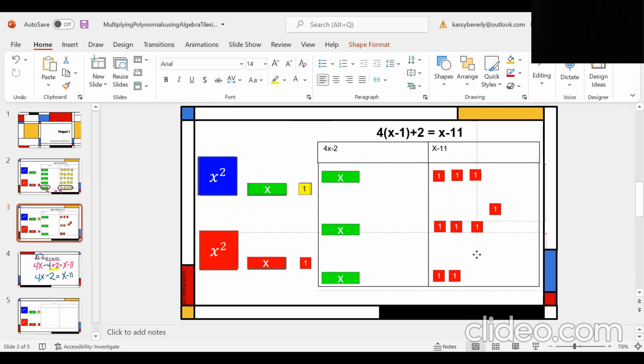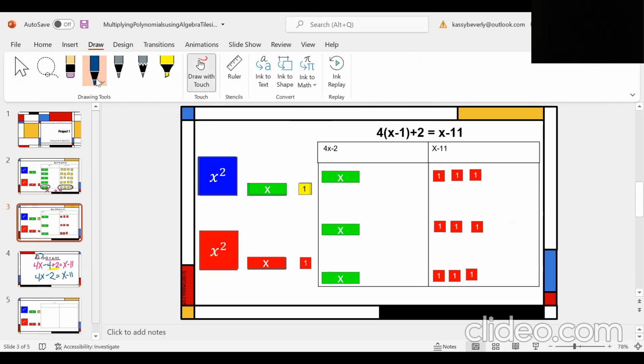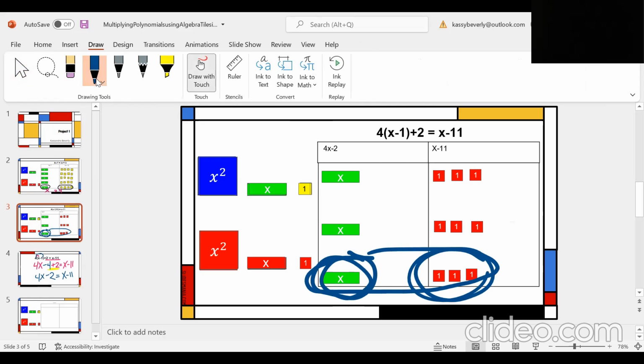Three. All right. So as we did before, on the left side, we have our x's split into 3, and then on our right side, we split our remaining units into 3 sections. So if you look at this right here, it means that this x equals 3 units. So this is the same as saying x equals 3.